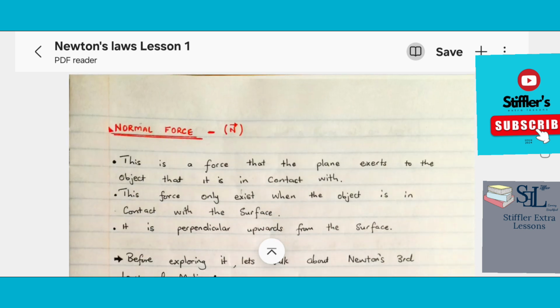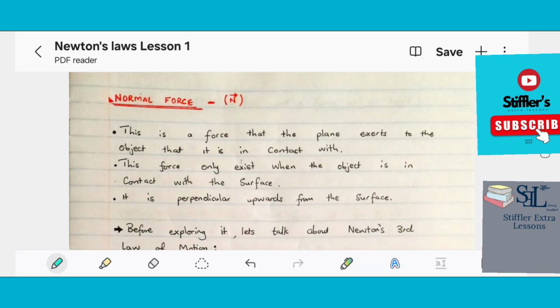So also you need to understand what the normal force is now. The normal force is a force that the plane exerts on the object that it is in contact with. So once the object is in contact with the surface, it means that there's a normal force that exists there.